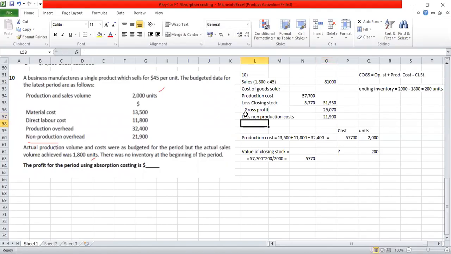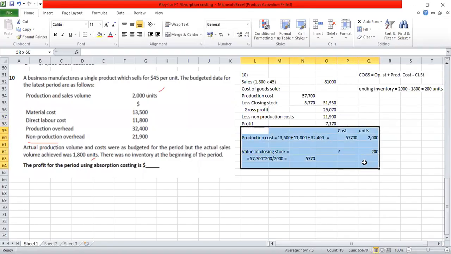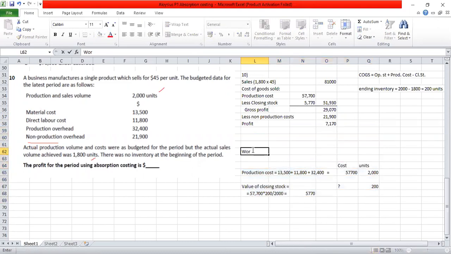So profit using absorption costing is 7,170.